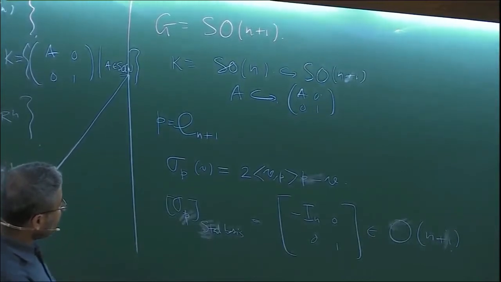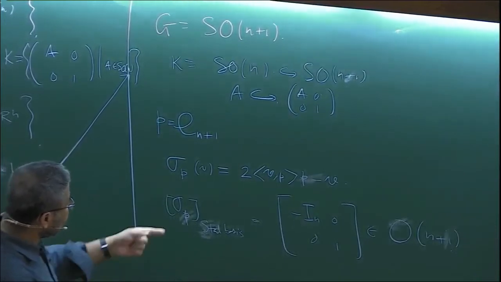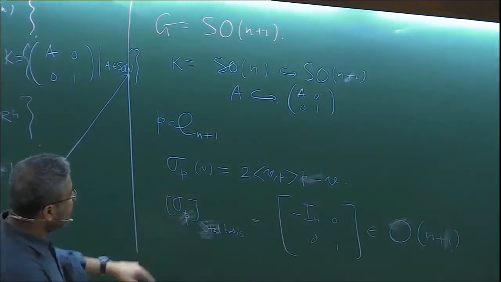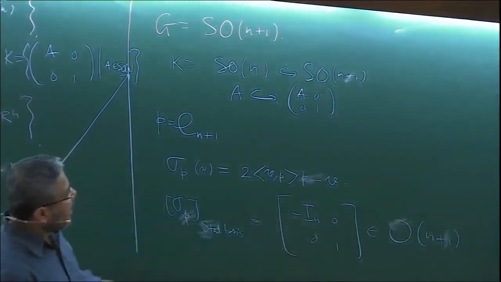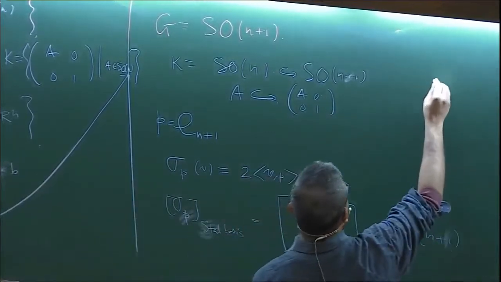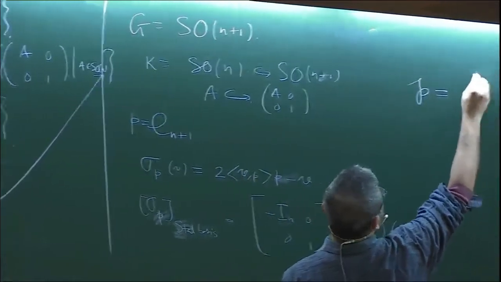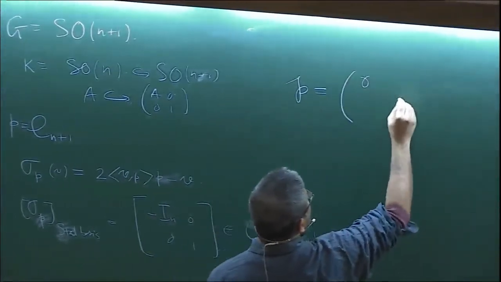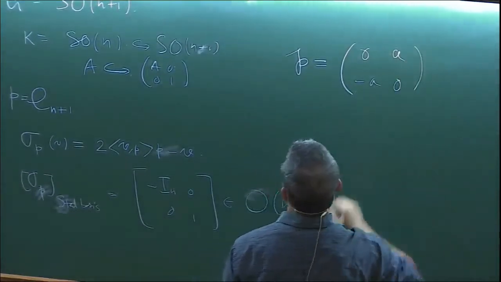The way I was considering constructing the automorphism inside G was to conjugate by the symmetry at the reference point, which is E plus. So you conjugate by this, and we'll land up with P being something like 0, A, minus A, of this form.